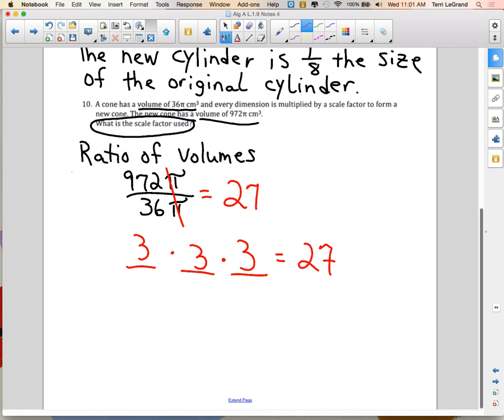So remember, ratio of volumes is the cube of the scale factor. So we needed to find out what times itself 3 times gives us that ratio of volumes. So we're going to say the scale factor is 3.